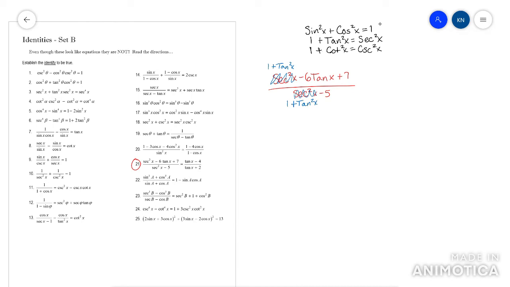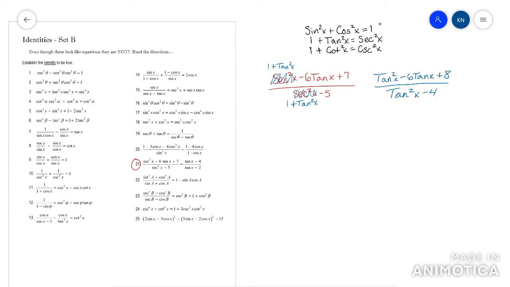So you can kind of combine like terms here. On top, you'll have tan squared plus, sorry, it's a minus 6 tan plus 8. I'm combining that plus 7 plus 1. And it's over tan squared minus 4, combining that minus 5 plus 1. All right, and the reason you want to write it like this is because now this is factorable, and so is this.